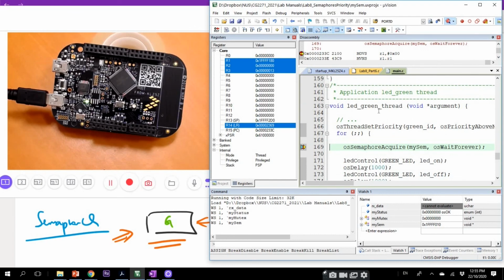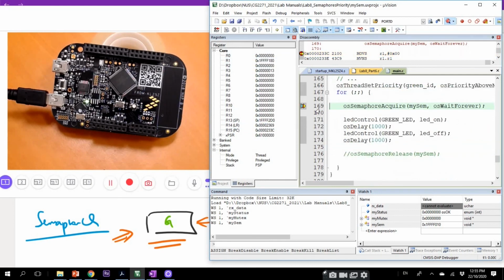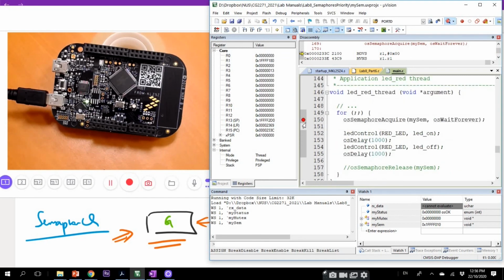Subsequently you can see that I only stay in the green LED thread and never go to the red LED thread at all, because continuously I'm able to acquire the semaphore because of the priority. So this again I hope helps to clarify that in terms of semaphore, the behavior is such that the highest priority task that has been blocked waiting for the semaphore will always be the first one in the queue to get it. How about mutex?